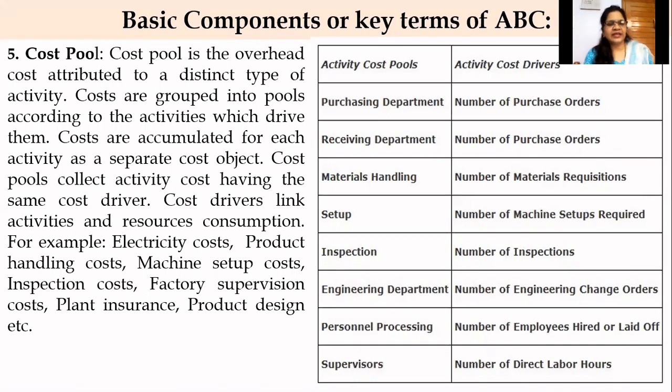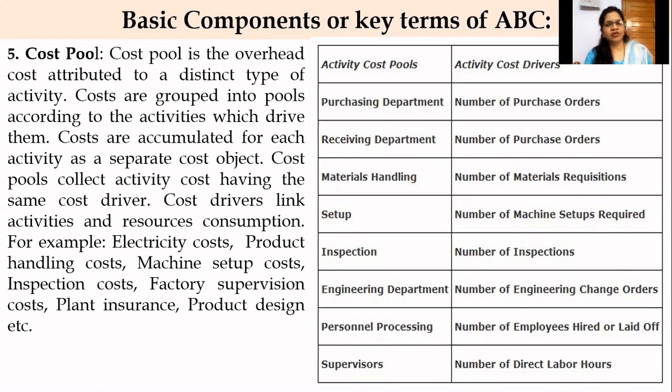Cost drivers link activities and resources consumption. For example, electricity cost, product handling cost, machine setup cost, inspection cost, factory supervision cost, plant insurance, product design, etc. So there may be some same cost drivers for different activities.